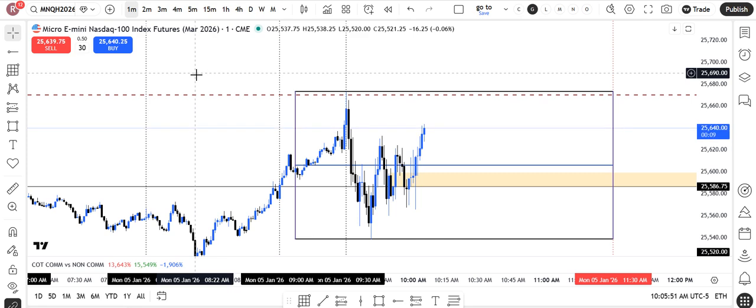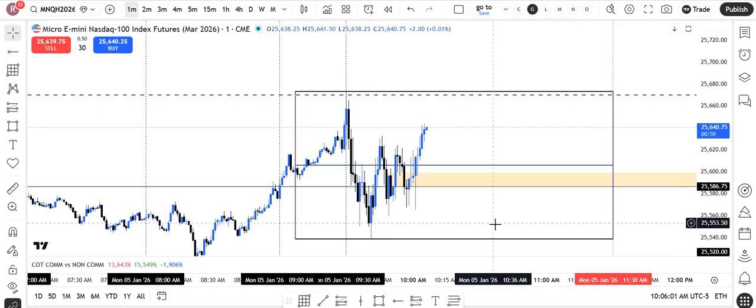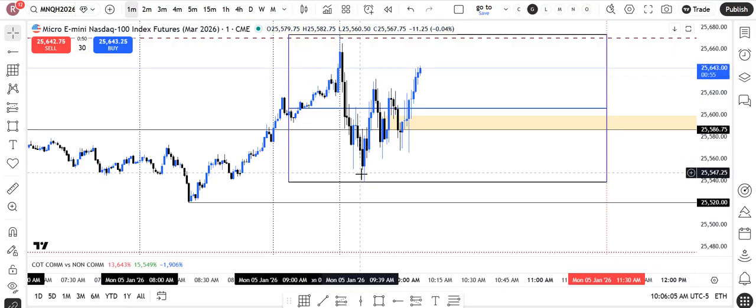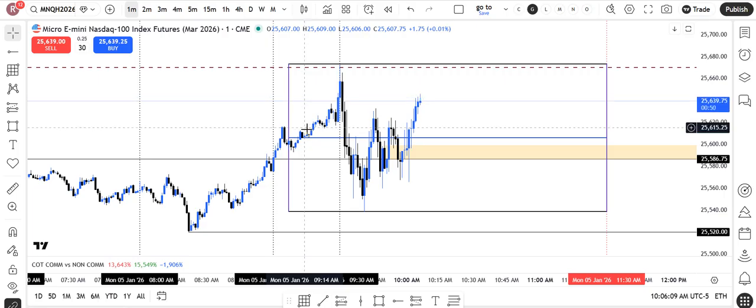I said this thing could just chop it up and gravitate higher for the rest of the morning. It's done a good, like, that's enough for people to be profitable. And they don't like for people to be profitable in this thing.